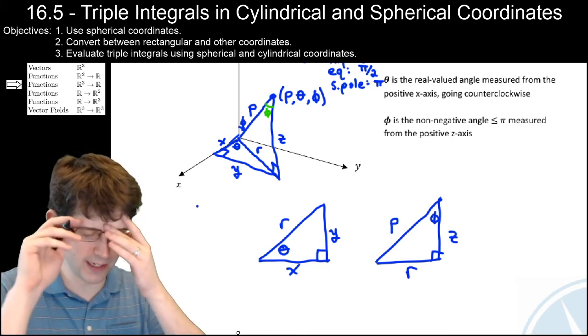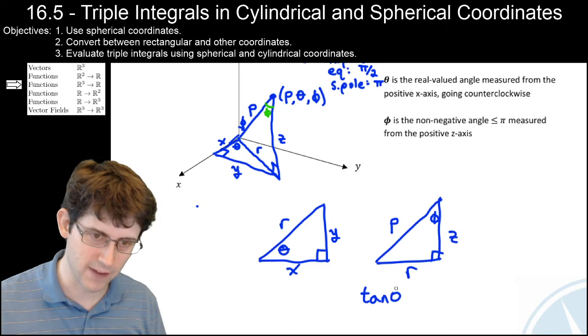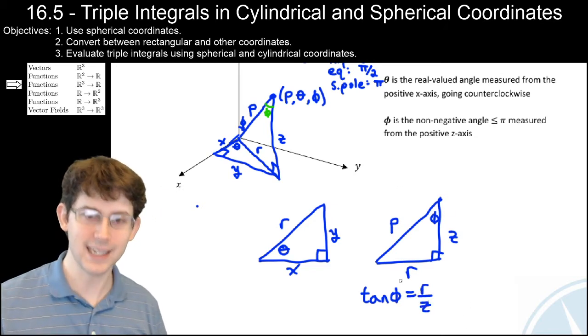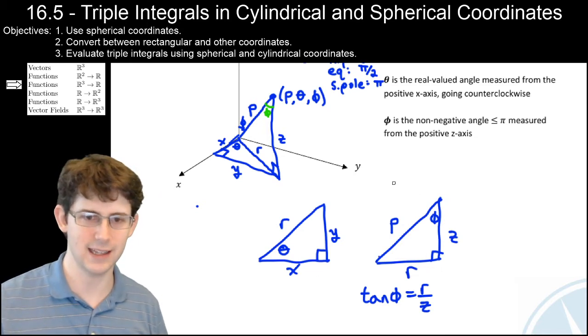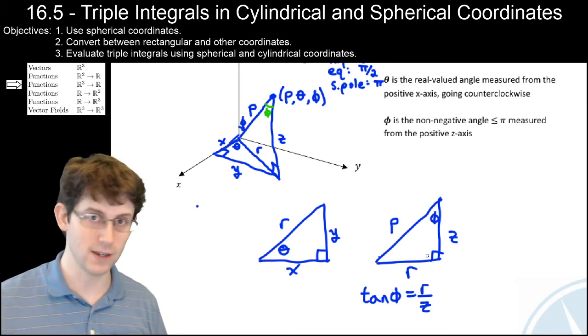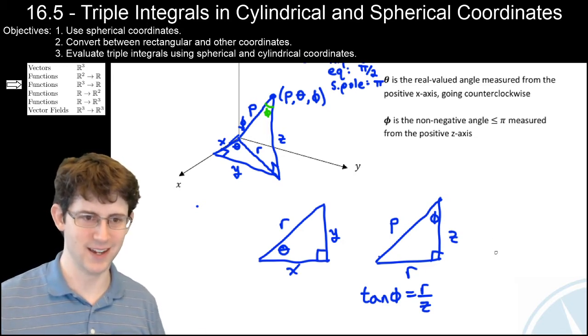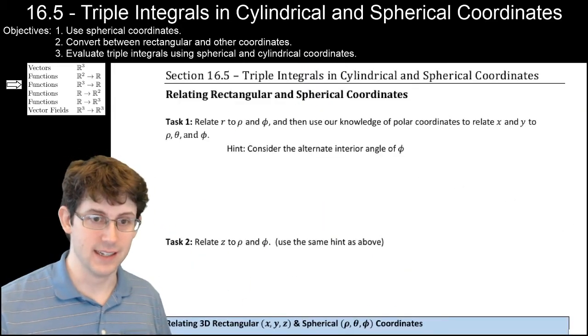And I don't really see the benefit of writing down specifically that tangent phi is r over z. It's true, but that's just in this triangle, and the triangle isn't that hard to draw. So I think that when we're trying to do conversions, you should just draw these two triangles, and it's all here. So let's move on and get these formulas.